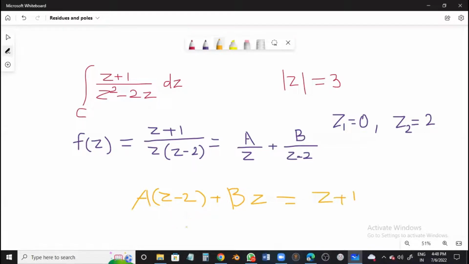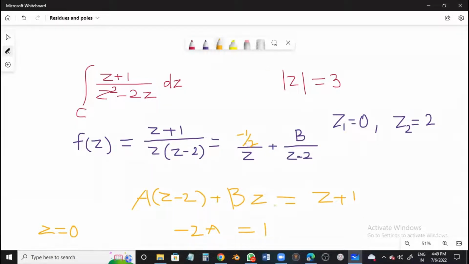You put Z equal to 0. By putting Z equal to 0, what do you get? Minus 2A equal to 1. Is it so? So the value of A is what? Yes, minus a half. You can write this as minus half.